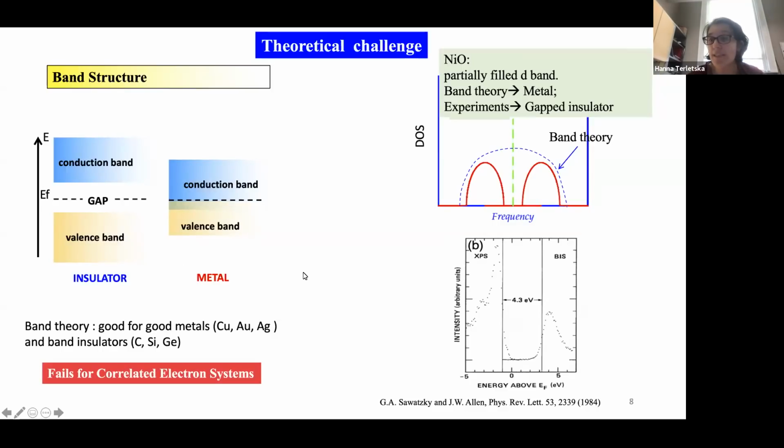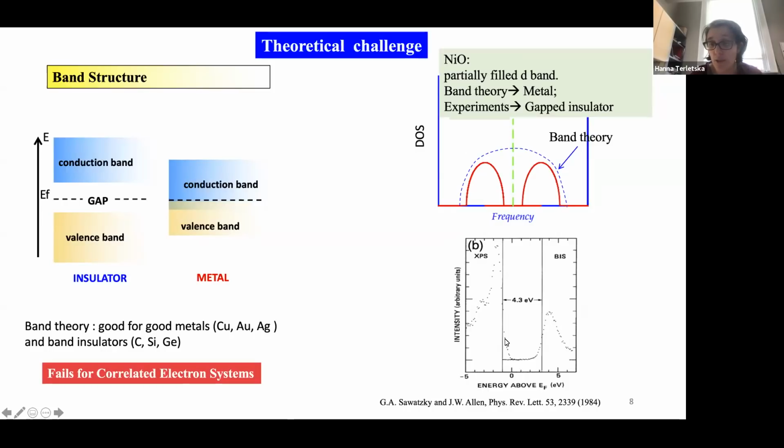So the canonical example of the failure, which shows that we have a problem for correlated systems using the band theory of solids, which employs the independent electron approximation, is the nickel oxide materials, which have partially filled d bands. So according to band theory, they would be metals.